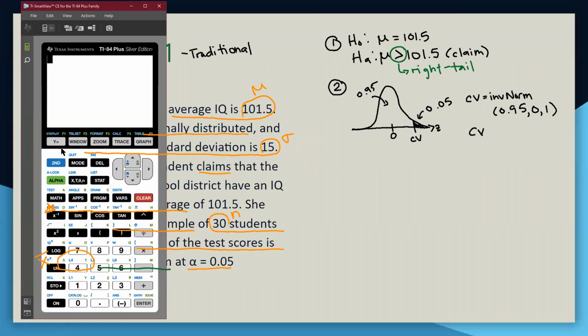I know to get inverse norm, that's second vars, and that's the third option in my distribution menu. So 0.95, 0, and 1. And I get a positive value, which is good. We know for right tail tests, we should get a positive critical value.